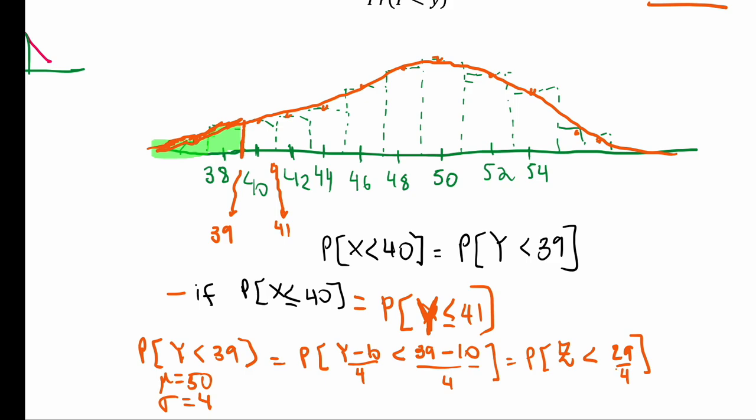It's 7.25. So this is P of Z less than 7.25. And then you can go and look up the table.